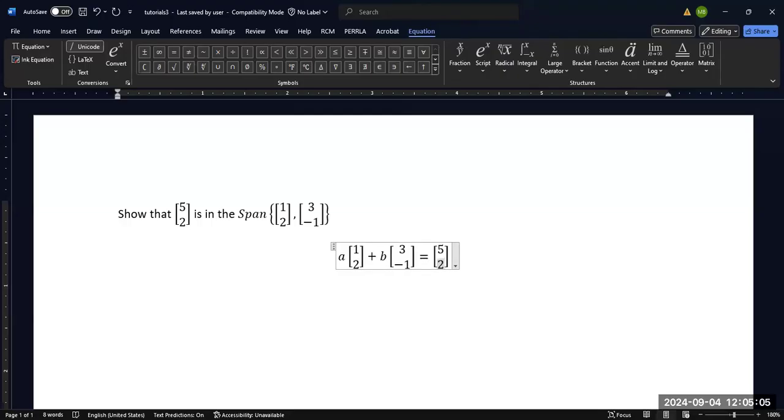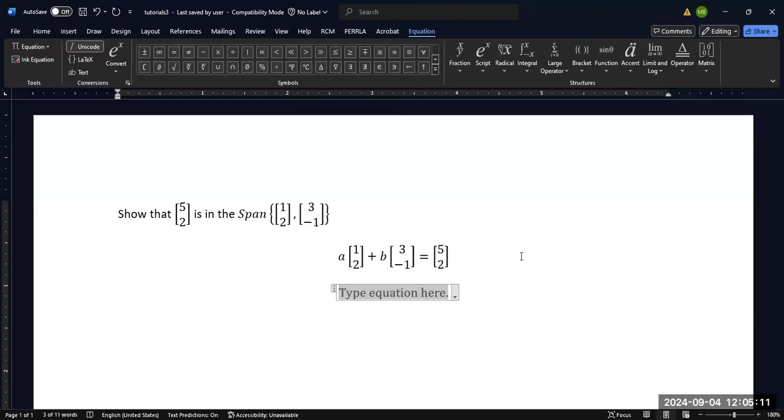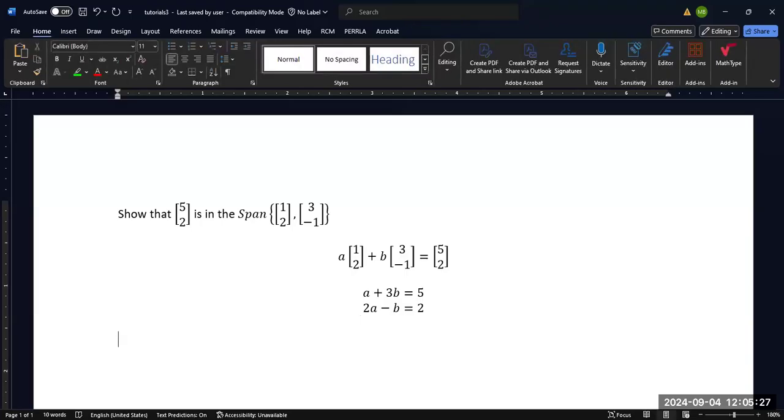Now, we can think of this as a system of equations where essentially we can multiply the coefficients in the vectors by the variables. So a plus 3b is equal to 5, and 2a minus b is equal to 2. So this is our system.